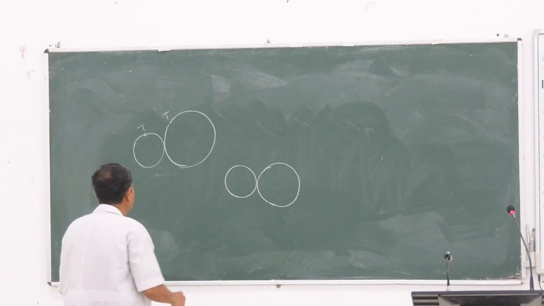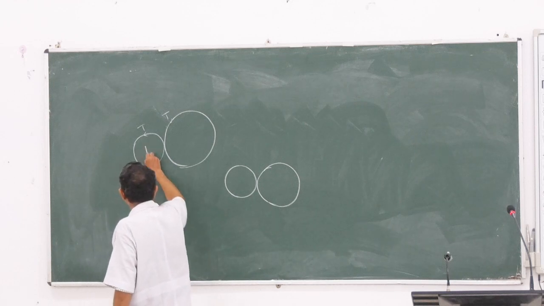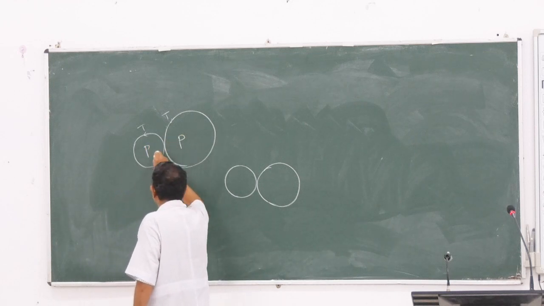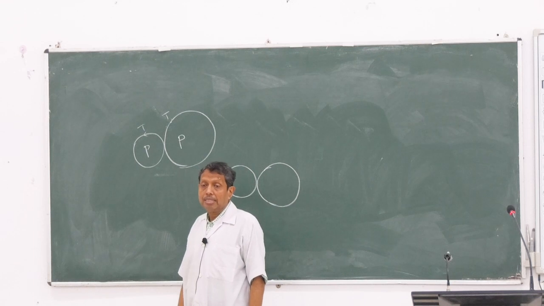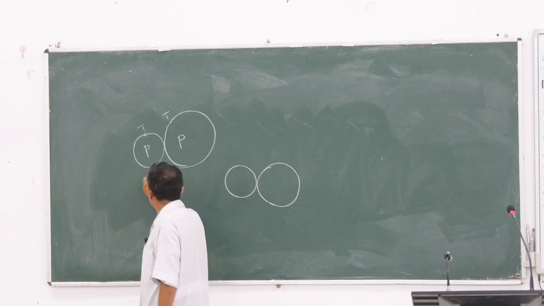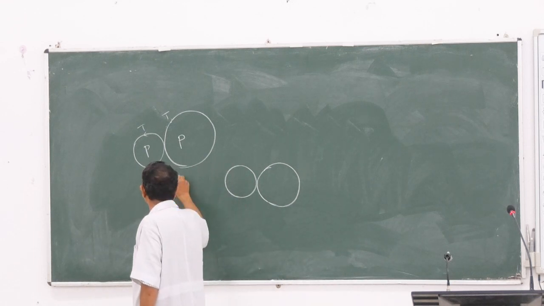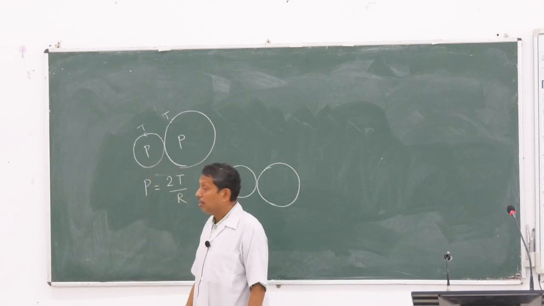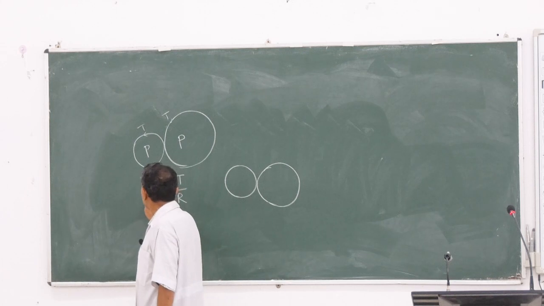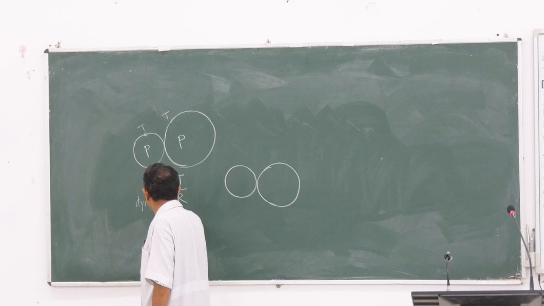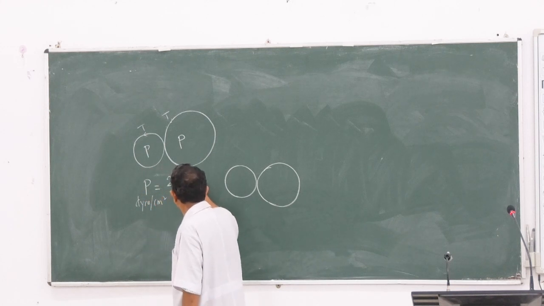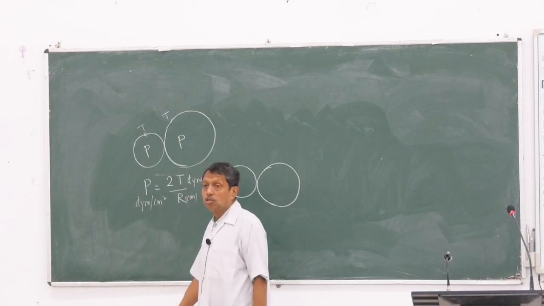Pressure is produced by this tension, and the relation is P equals 2T by R. The pressure is in dyne per centimeter squared, T is in dyne per centimeter, and R is in centimeters.